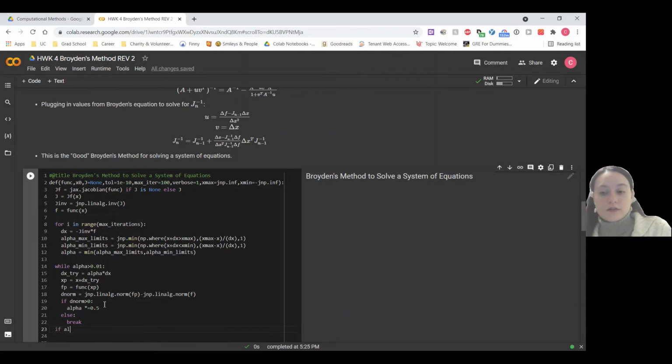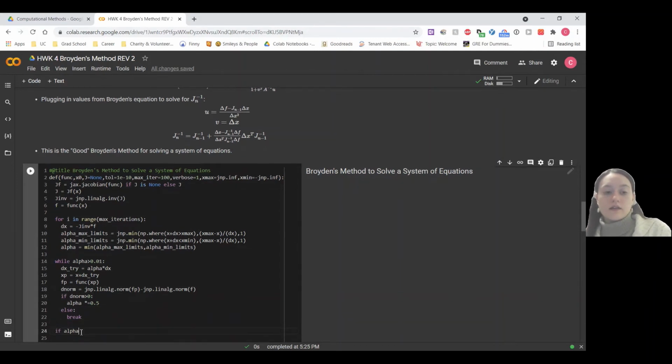So if our alpha is too small and we're not getting to the value that we're wanting, we're not getting to 0, then this is indicative that our Jacobian, which we're using to calculate dx, isn't right.